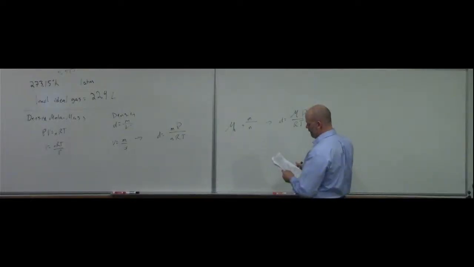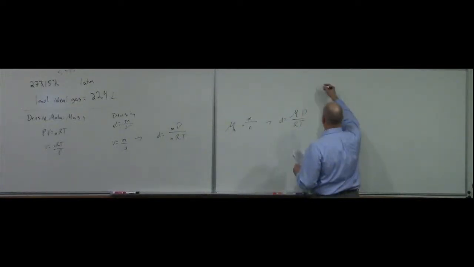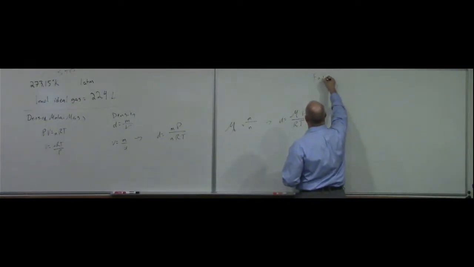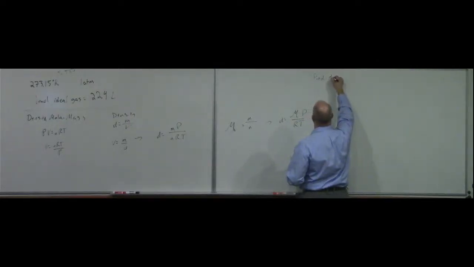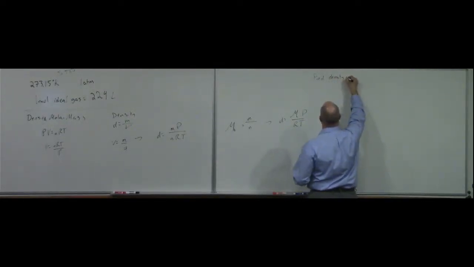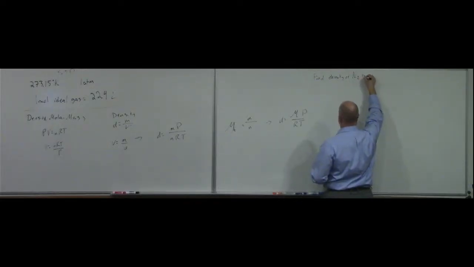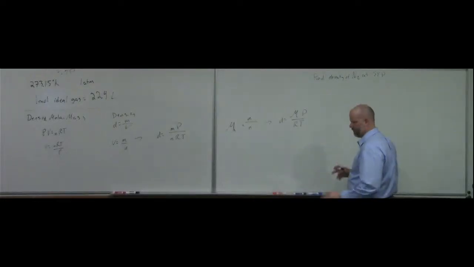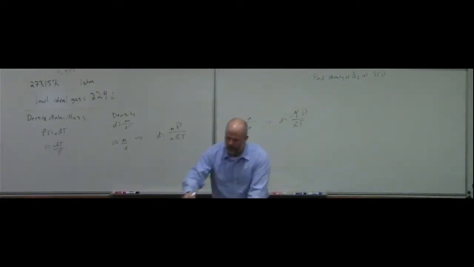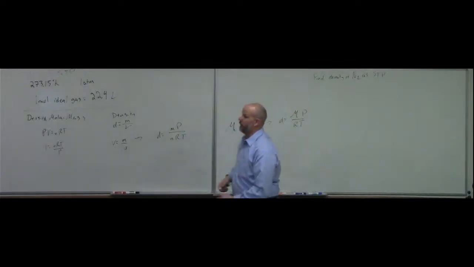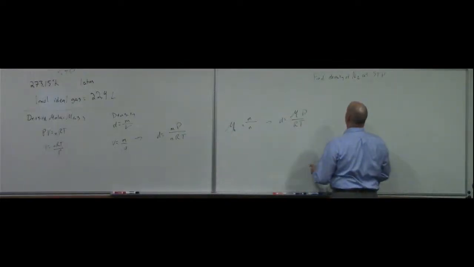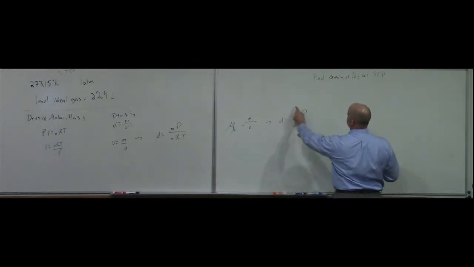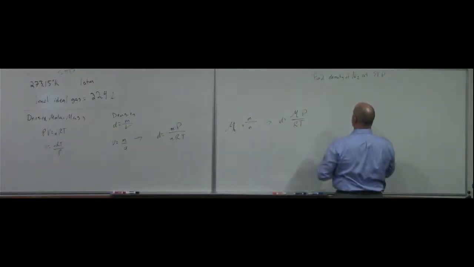Now we come up with this question: what is the density of molecular nitrogen at STP? So find the density of N2 at STP. We're looking for density, which equals molar mass times pressure over RT.